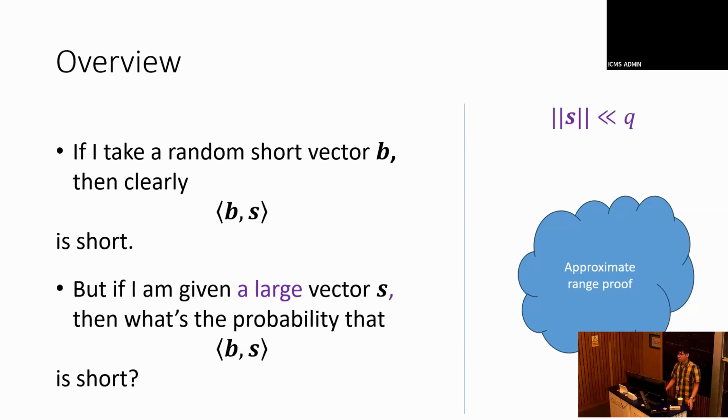Imagine the extraction strategy. In the extraction, you rewind the protocol and you end up with some candidate witness. And if you don't do any of the arguments above, then you can't deduce that it has binary coefficients.